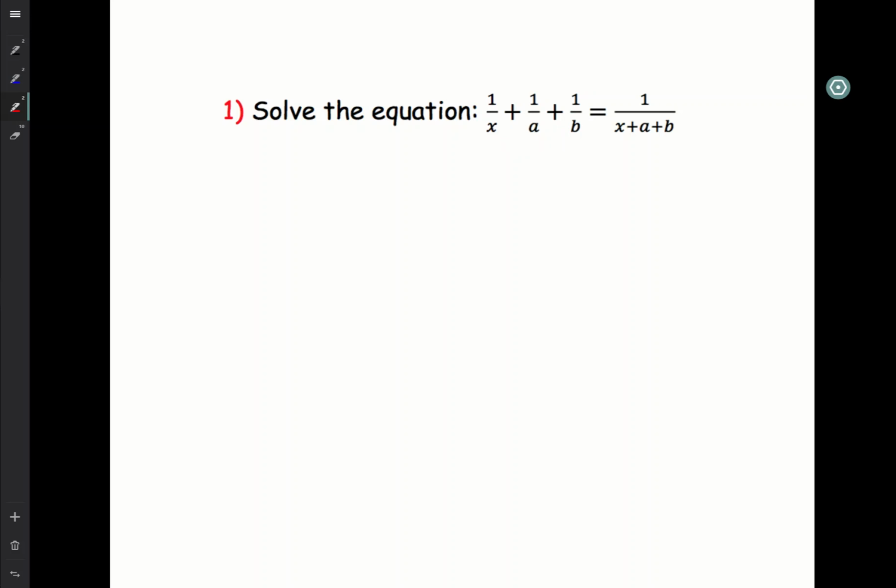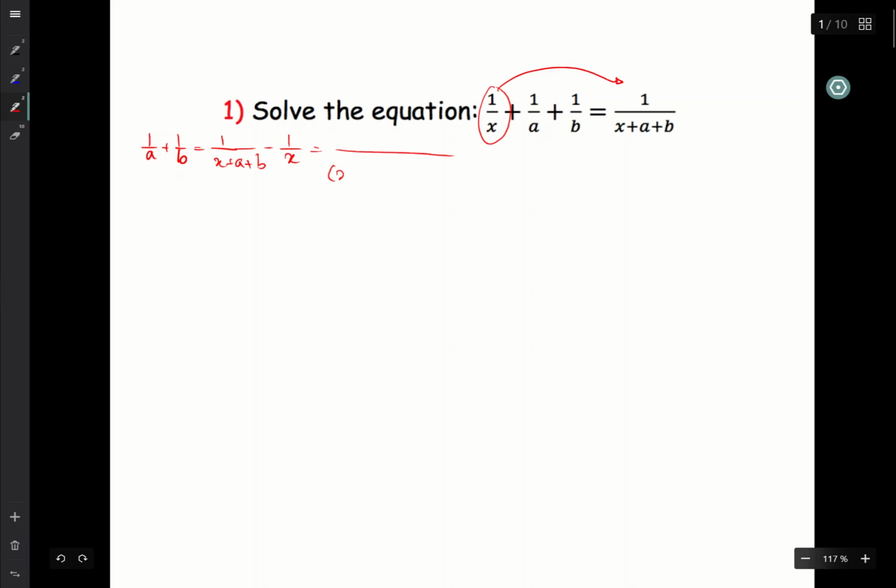What we can do is this: 1 over a plus 1 over b is equal to, let's bring 1 over x to the other side, 1 over x plus a plus b minus 1 over x, right? And then take a common denominator.